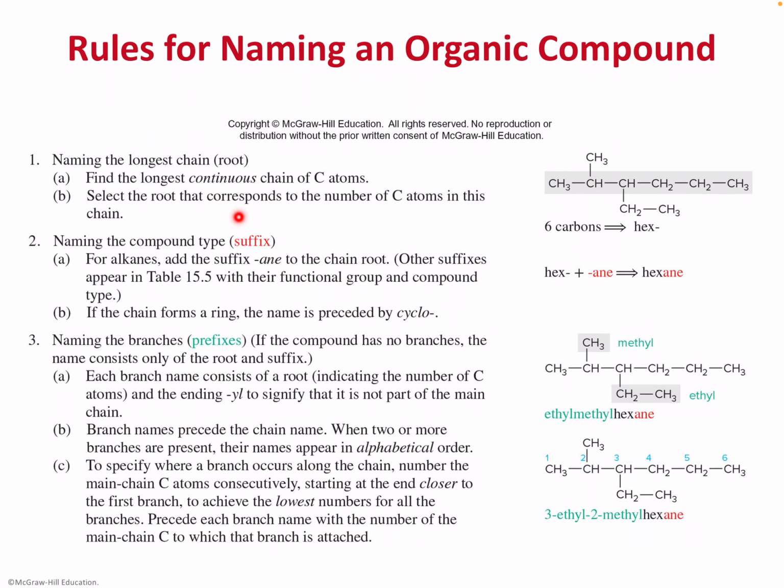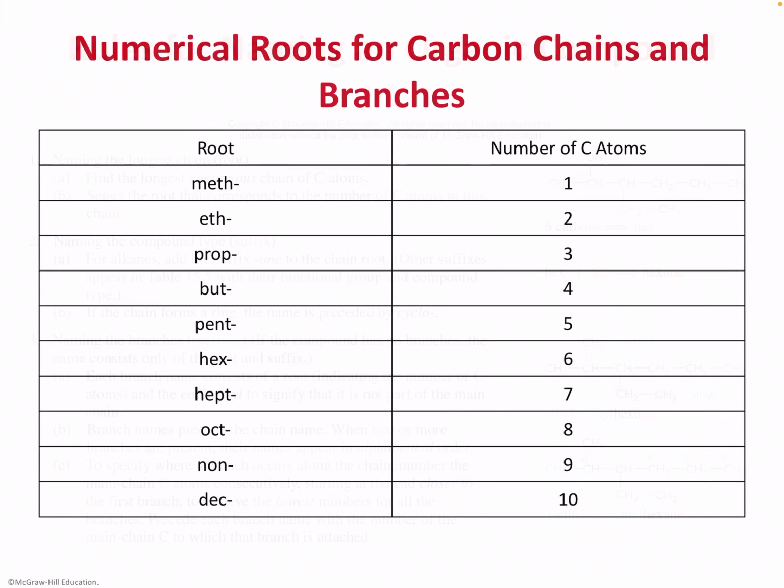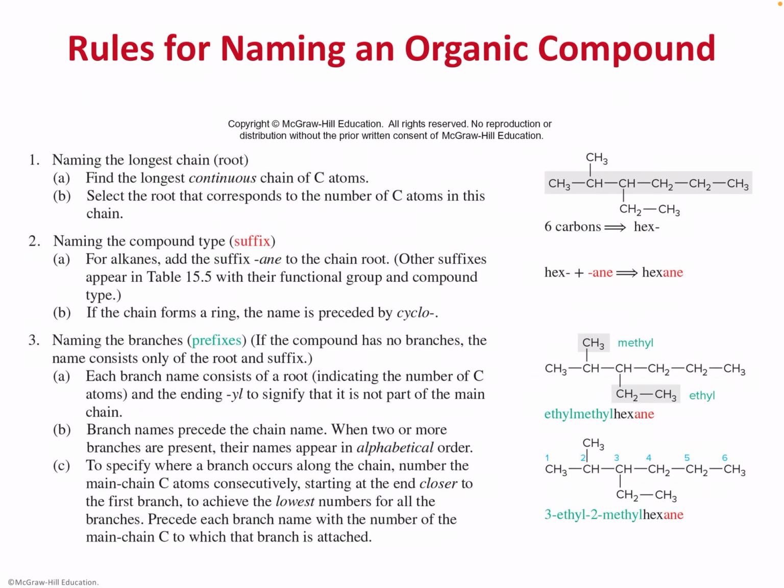So if you have 6 carbon atoms, what is the root going to be? 6 carbon atoms, so the root is going to be hex. And it has only single bonds, meaning it's an alkane. So the name of the carbon chain is going to be hexane. "ane" is a suffix, hexane.